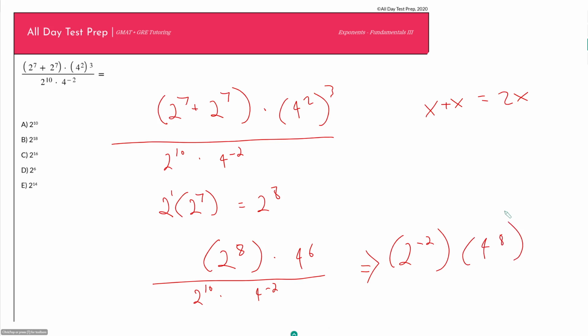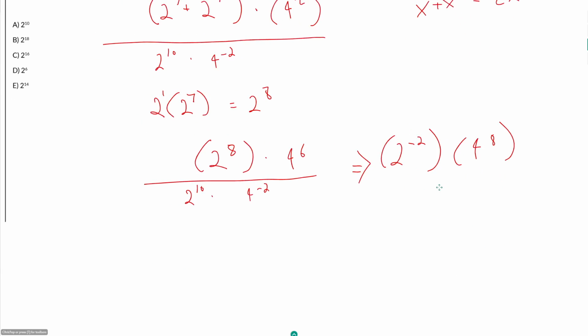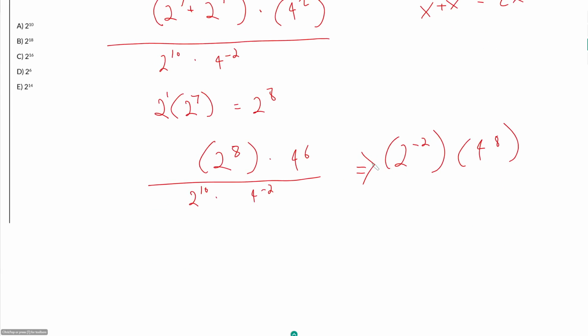So now we can do what I was alluding to before. It looks like we're one step away here. We got to find a way to combine my 2's and my 4's into a single base. And we're going to convert our 4 into a bunch of 2's, because 4 is really just equal to 2 squared.